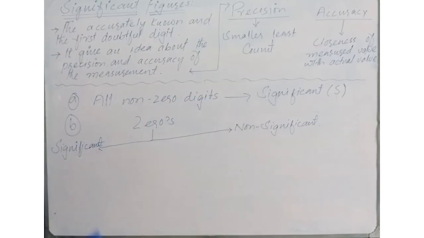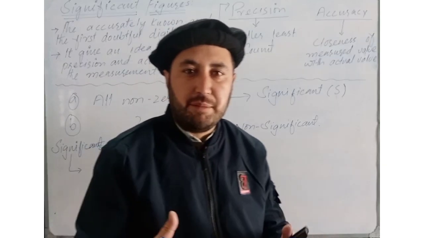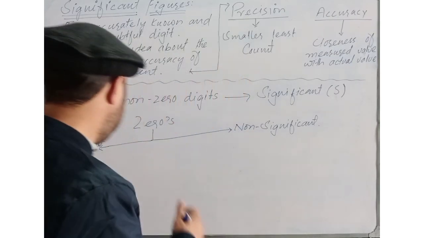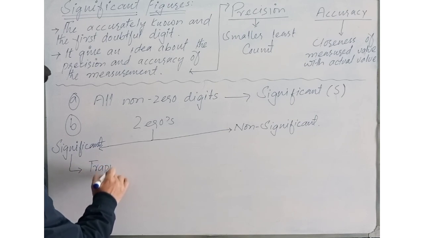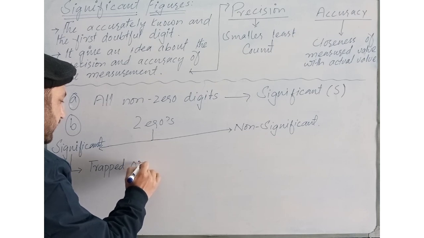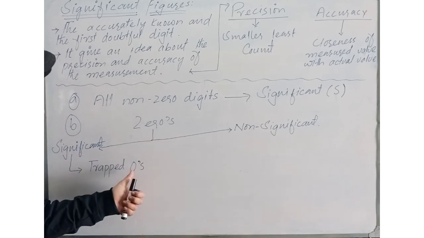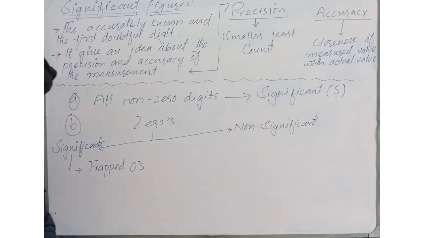Okay. So the first point: all the zeros which are trapped are significant. So I can shortly write trapped zeros. So all trapped zeros are significant.